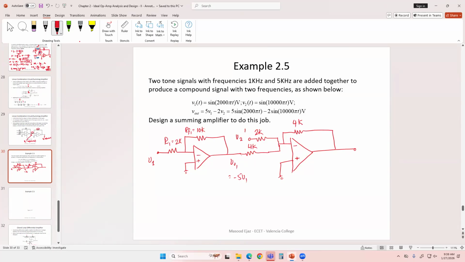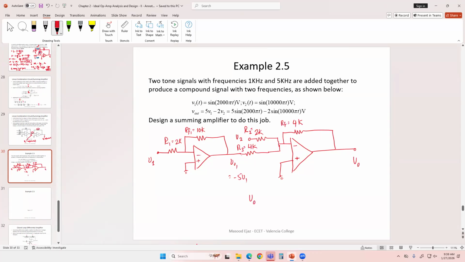So let's say this is my R2, this is my R3, and this is my RF. And this is the output.